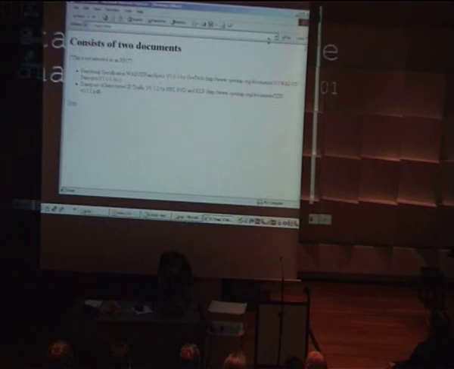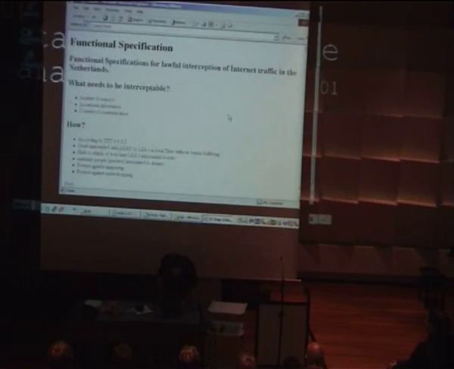Okay, these documents are written by various government organizations and ISP corporations. The status of these documents is to some people unclear. I think they're fairly clear. Okay, functional specifications. First, what needs to be tappable? What needs to be interceptable?